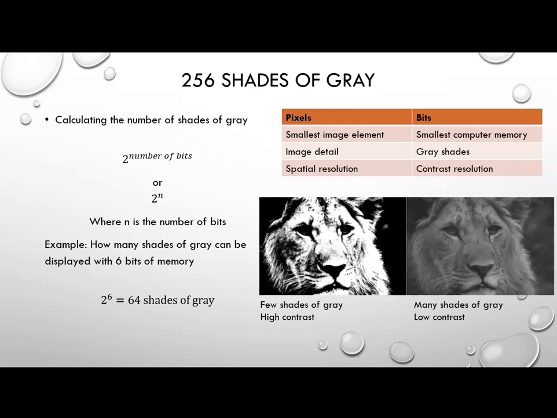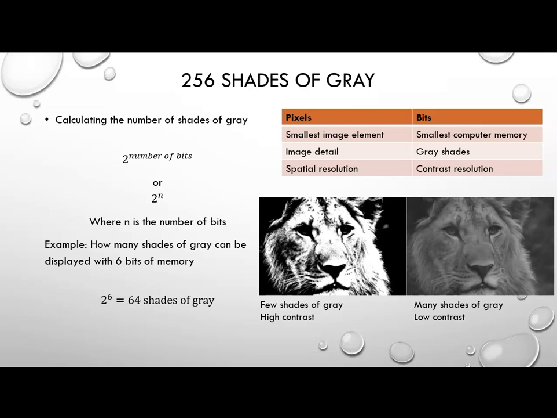Another way you can do this, if you can't remember to do the 2 to the number of bits, is just multiply 2 by the number of bits. Okay, so if there's 8 bits, that's 2 times itself 8 times. Okay, so I said that wrong initially. You don't multiply 2 times the number of bits, you multiply 2 times itself the number of times that you have bits.